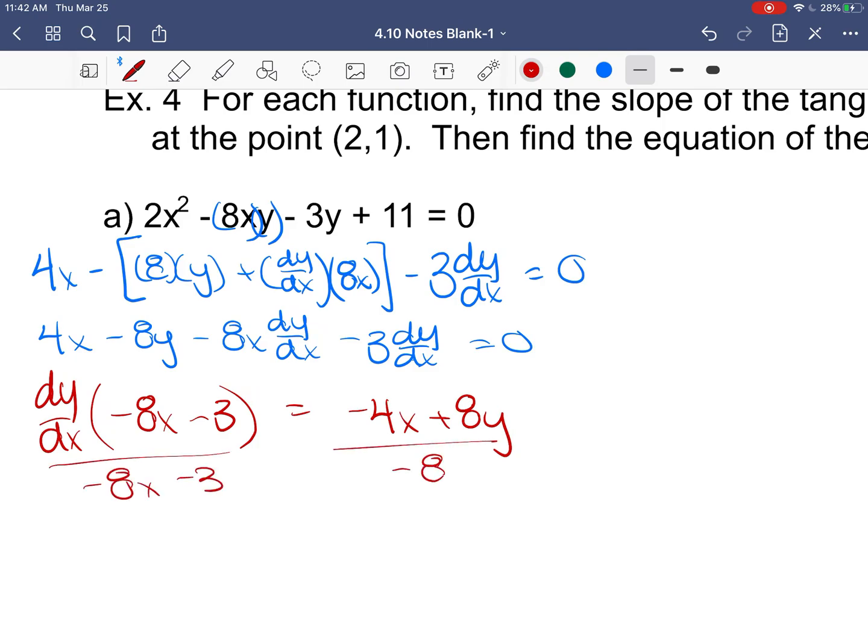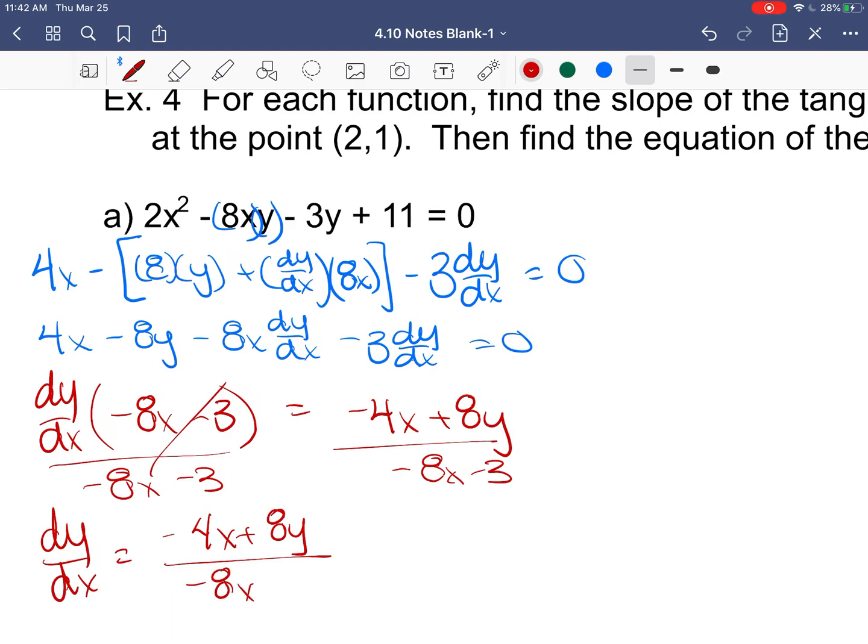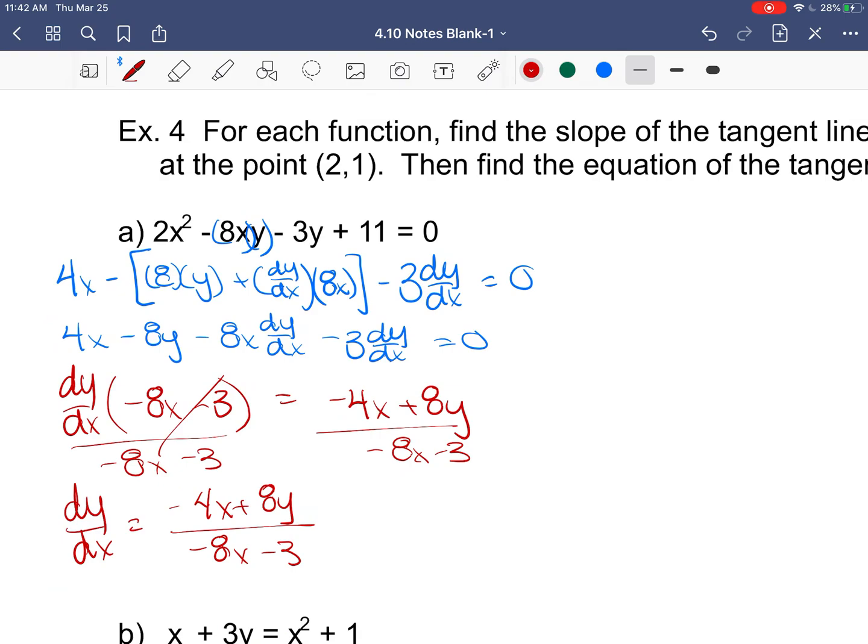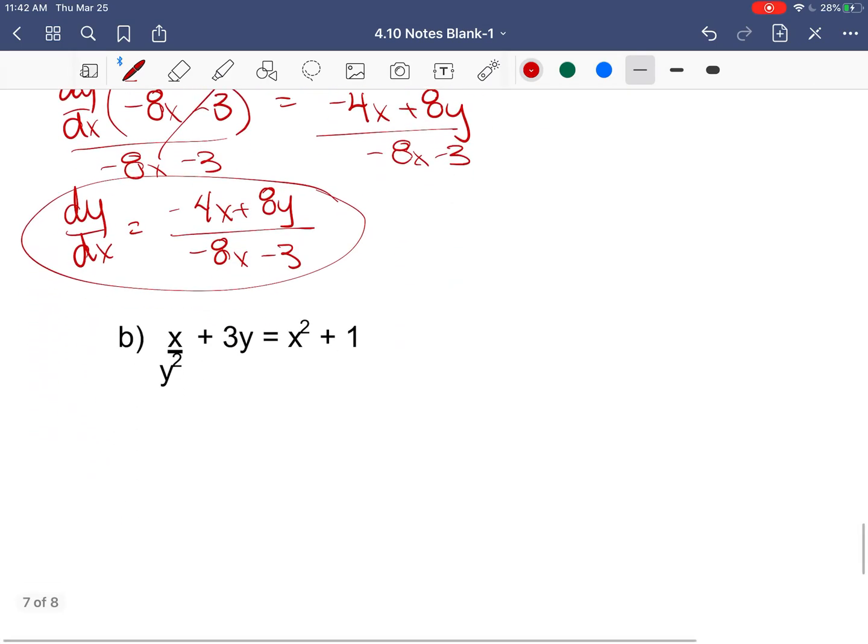Divide both sides by negative 8x minus 3. That reduces to be 1. And we've got negative 4x plus 8y all over negative 8x minus 3. There's nothing common to every single term, so therefore we can't reduce. That's our final answer.